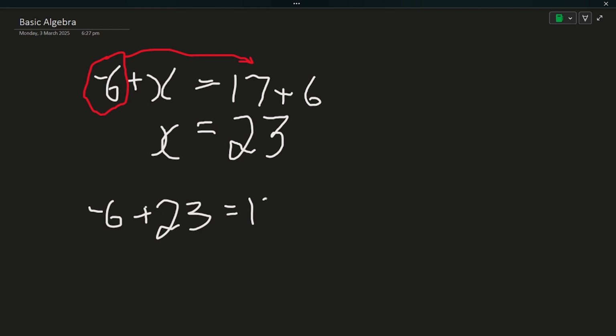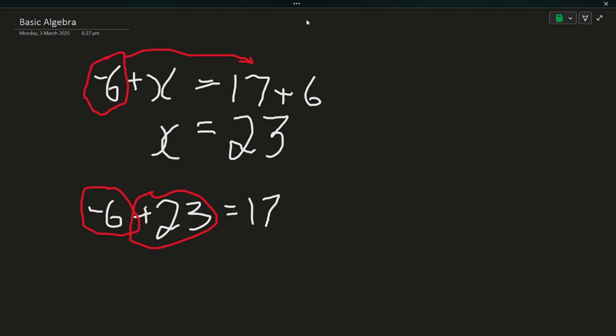Now, I would like to remind you guys that when there's a negative number and a positive one, what basically happens is the positive number gets minused by the negative number. So 23 would be minused by 6.